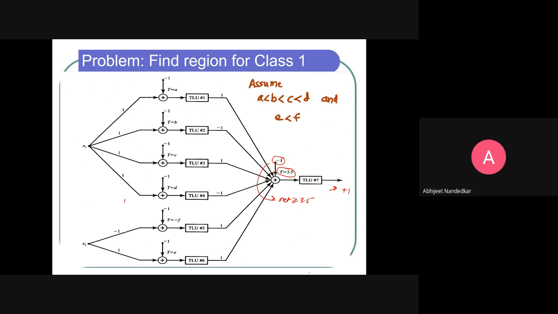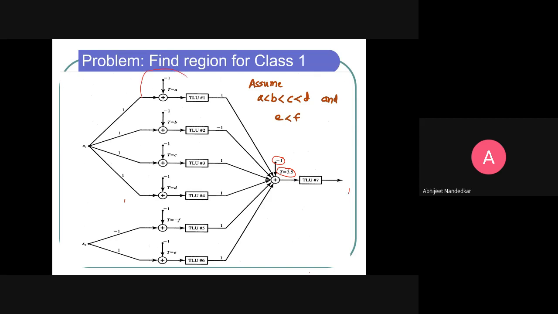To make this happen, we have to check what these individual neurons are doing, so when this net will be more than 3.5. If I can find that out, then I can say that this is the region. So we will find out individually what the previous layer neurons are doing.